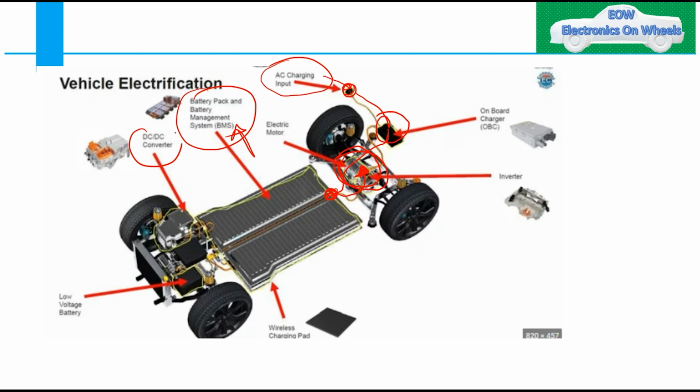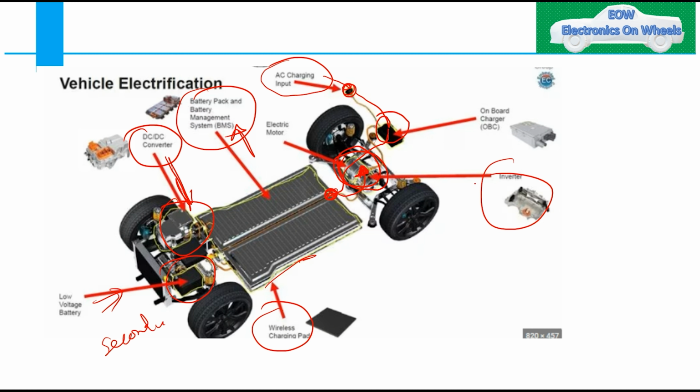Then you have the DC-DC converter. This is its position. As I already told you, the DC-DC converter converts voltage to charge your low voltage battery, the secondary or auxiliary battery, to power up the accessories. Then you have the wireless charging pad, which depends and is not necessary.